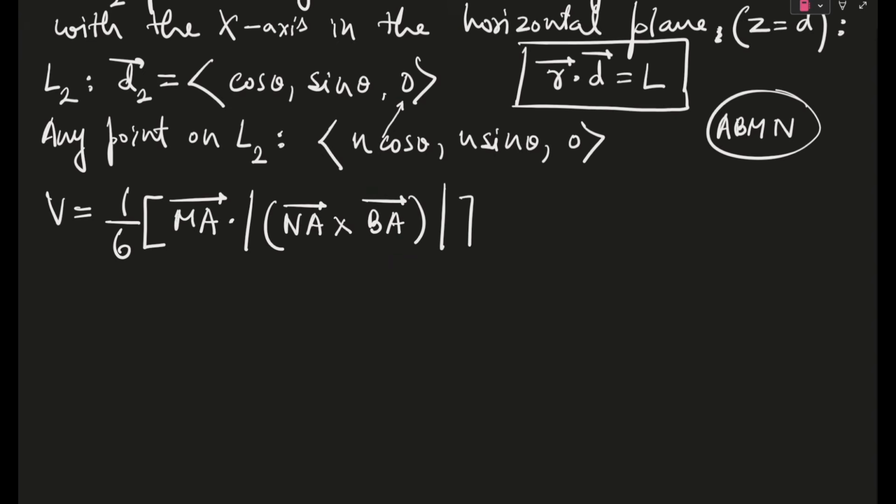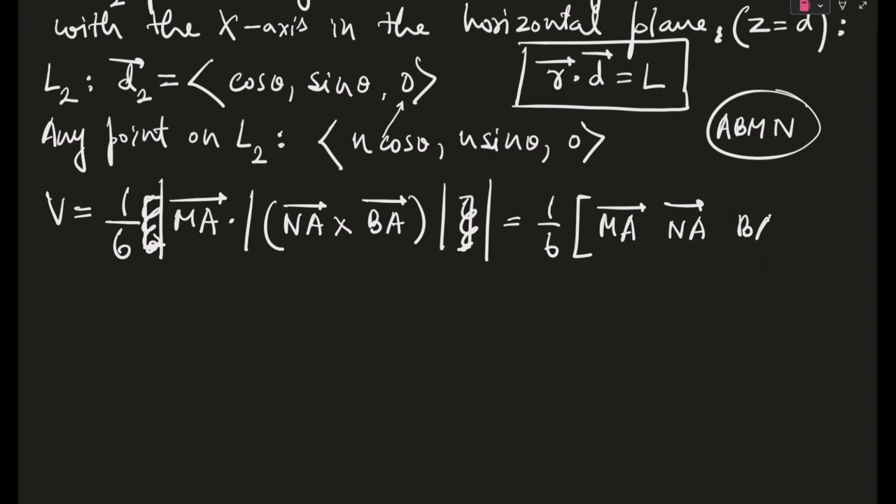I actually wrote this in the A dot B cross C form. Don't put third brackets, just put a mod. Actually, I wrote the form that I should have written later. This is your scalar triple product: MA vector, NA vector, and BA vector.